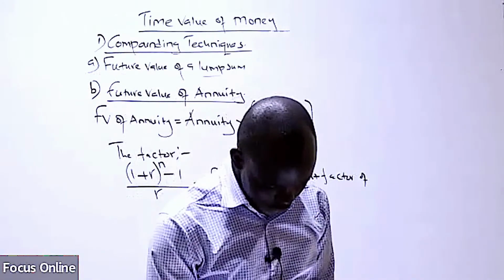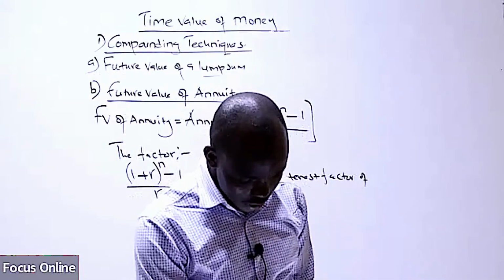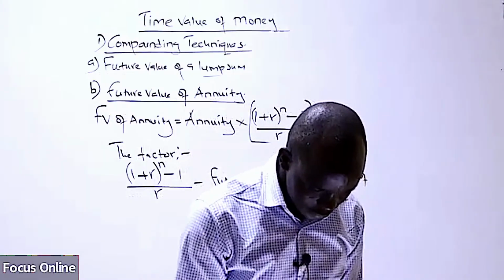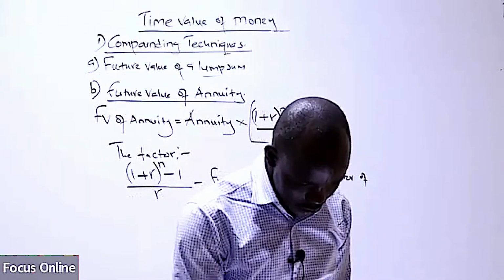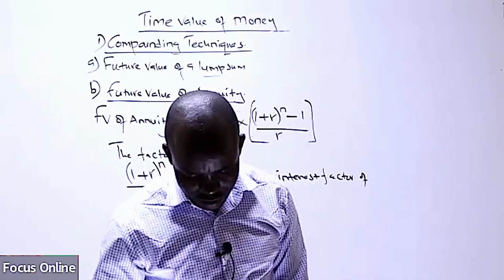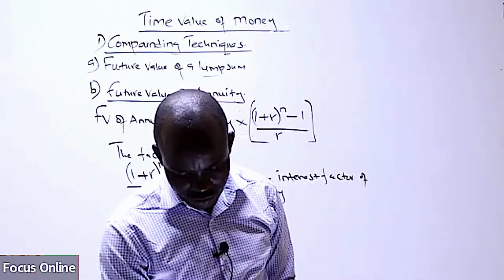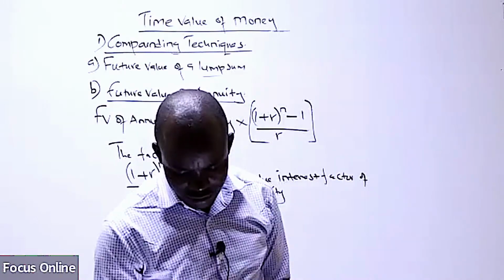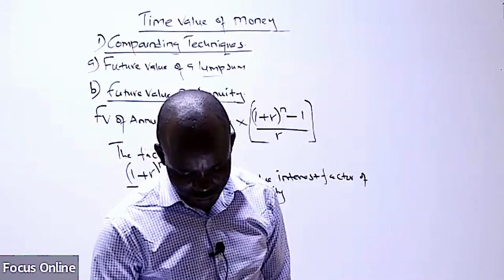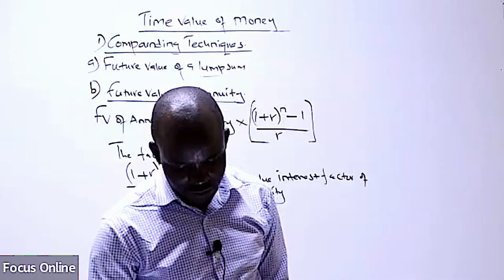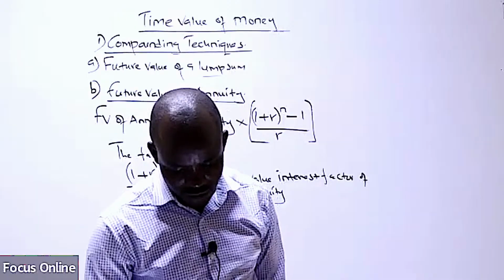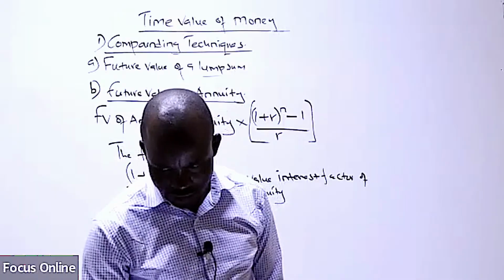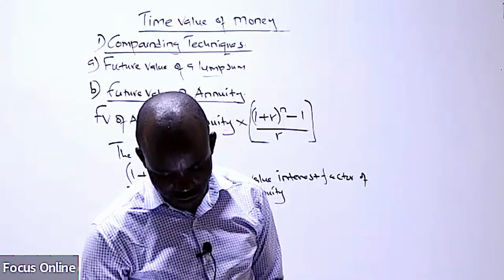Say, an investor intends to invest shilling 60,000 at the end of each year for 4 years.